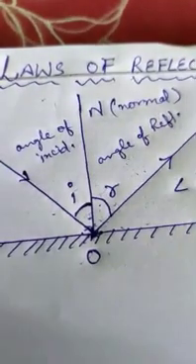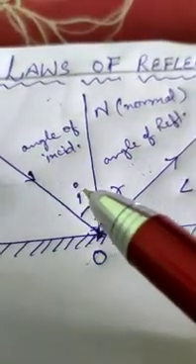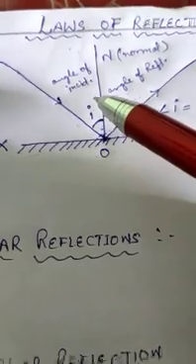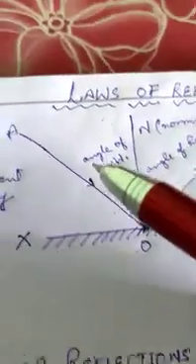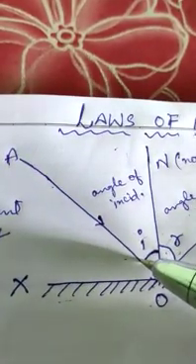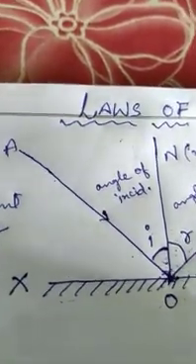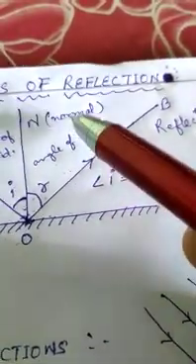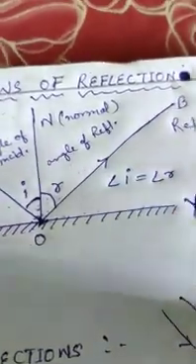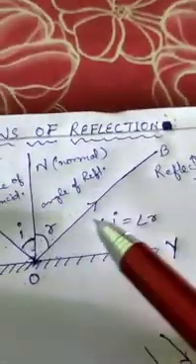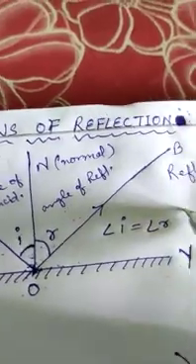The angle which the incident ray makes with the normal is known as the angle of incidence. So angle AON is the angle of incidence, and angle BON is the angle of reflection, that is equal to I. So angle I equals angle R, both angles would be equal.